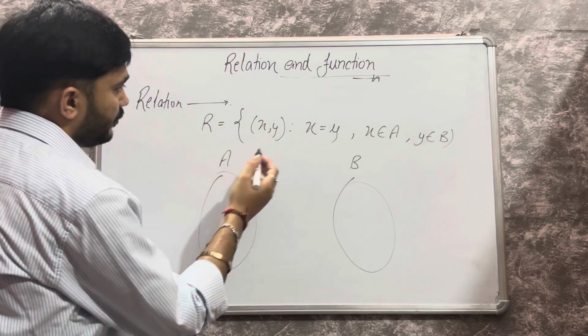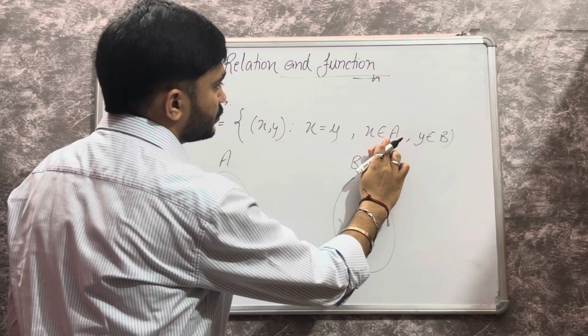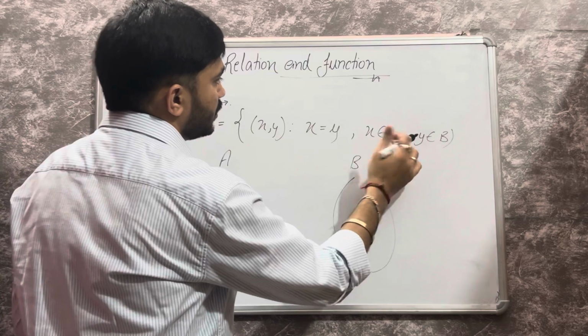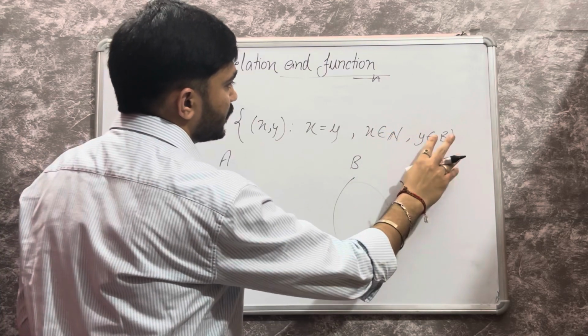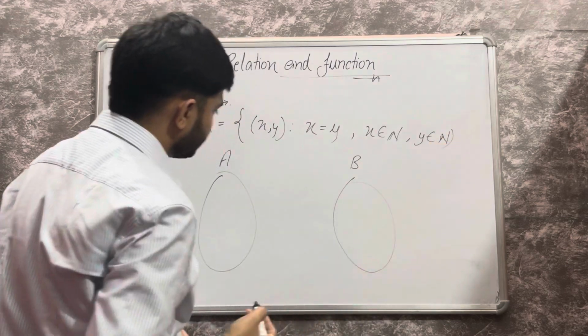Now say A belongs to natural numbers and B belongs to natural numbers as well.